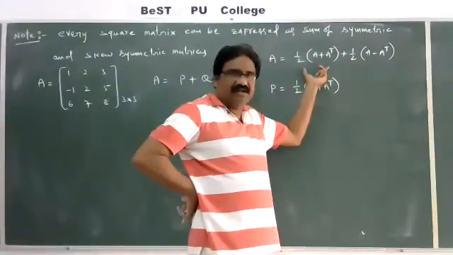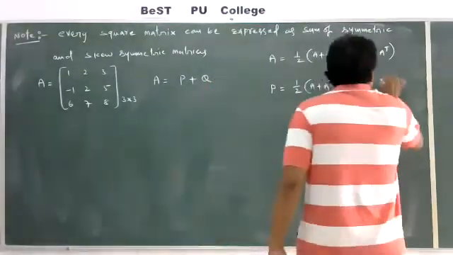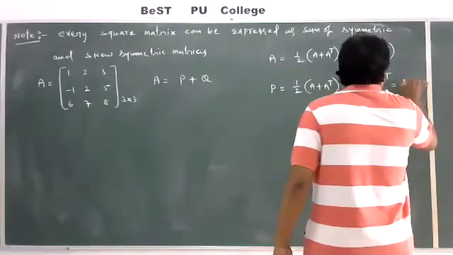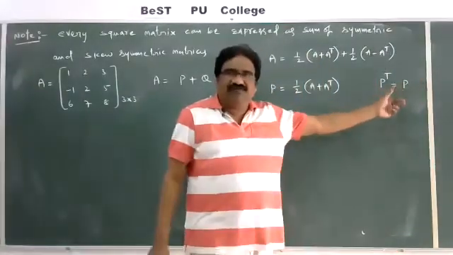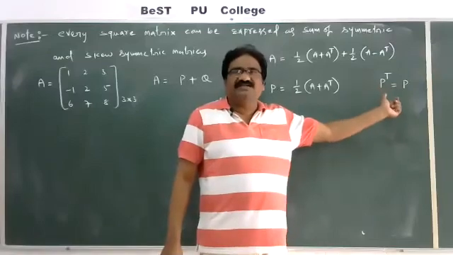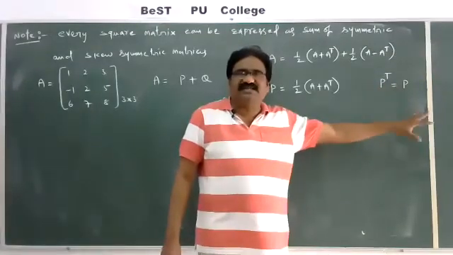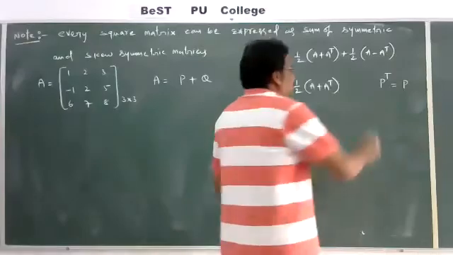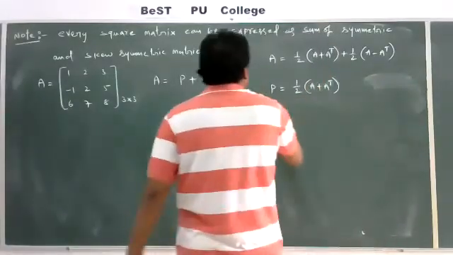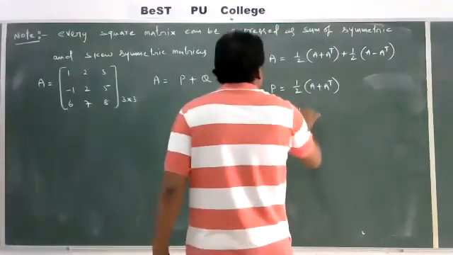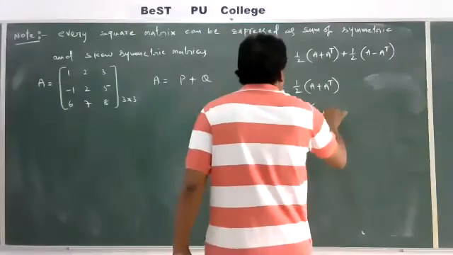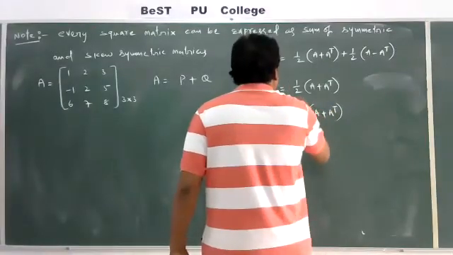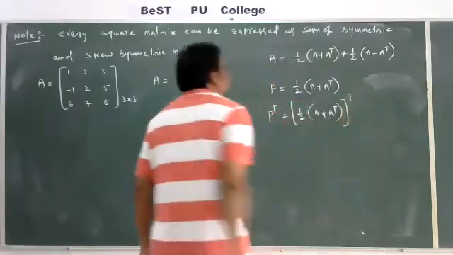What is the definition of symmetric? If we prove P transpose is equal to P, then we say that P is a symmetric matrix. Take transpose on both sides: P transpose is equal to 1 by 2 into (A plus A transpose) whole transpose.